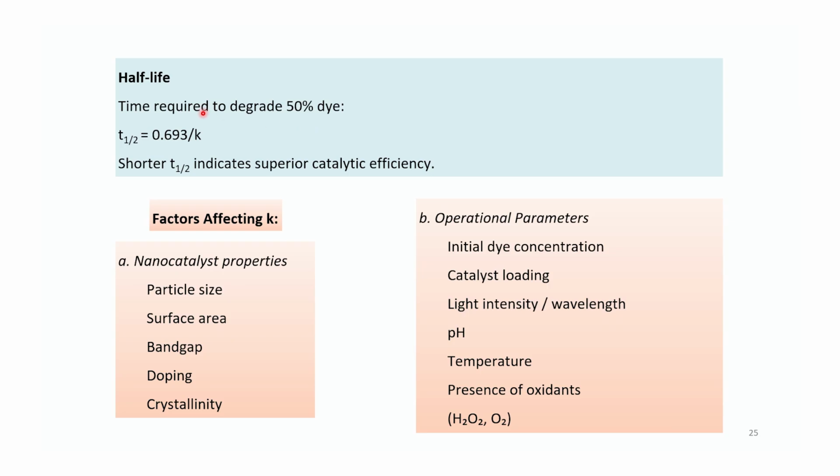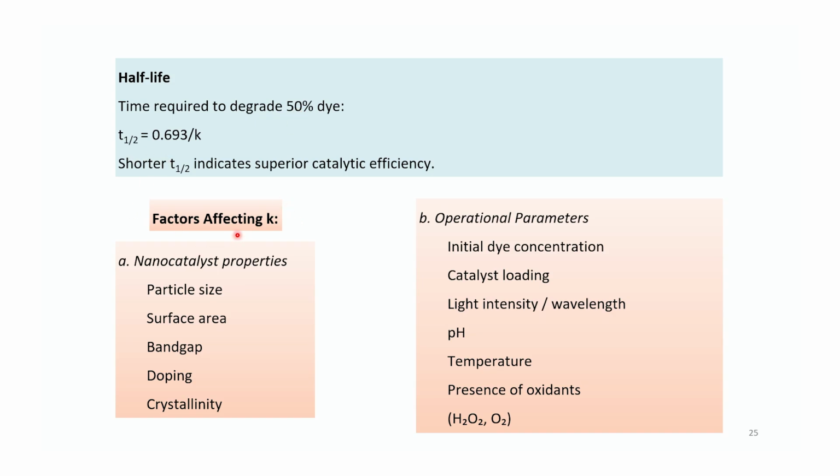When your half-life is less, it means that half of the dye has degraded very fast. So in a very short time span, half of the dye has been degraded. That is what is meant when you say that the half-life of a dye is shorter.